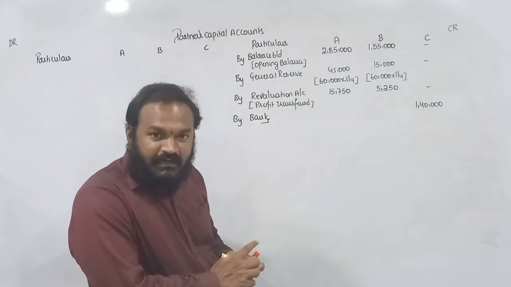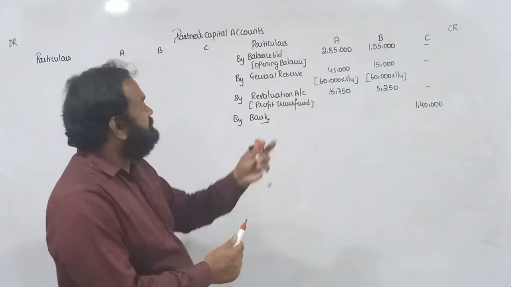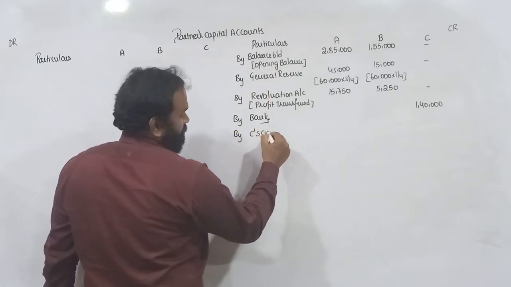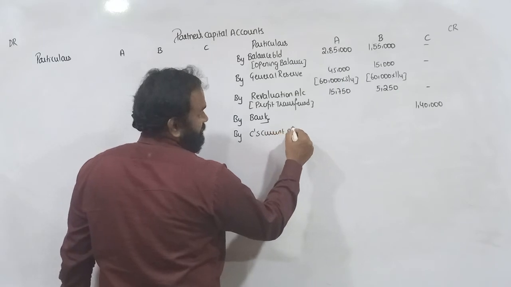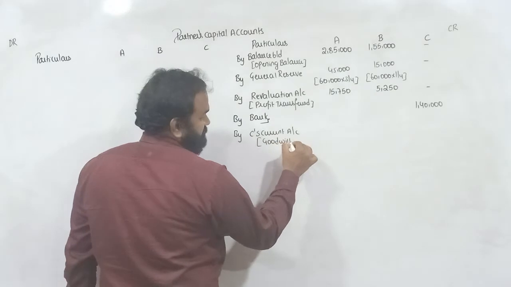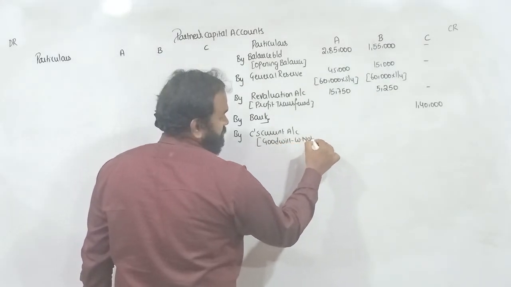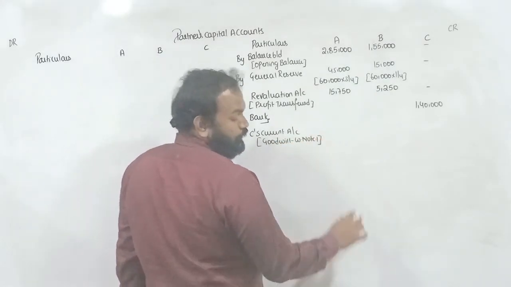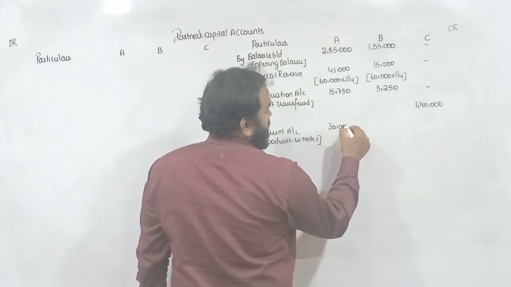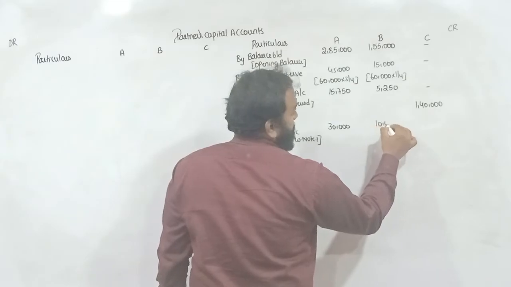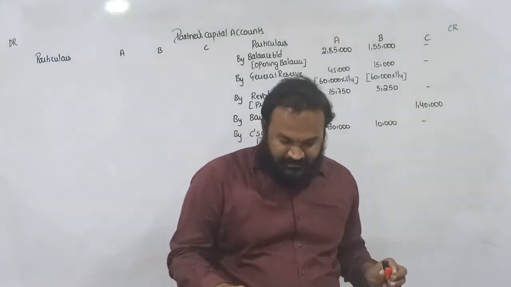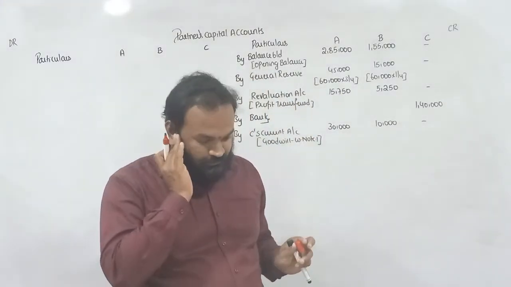Now, what is the journal entry for goodwill adjustment? By C's current account, to A's capital, B's capital: goodwill adjustment, working note number 1. How much is it? 30,000 and 10,000. Right? Now all are completed. Now listen carefully, boys and girls.